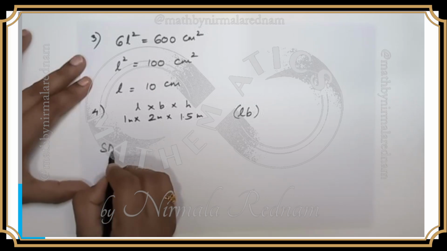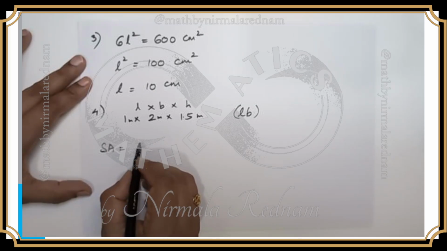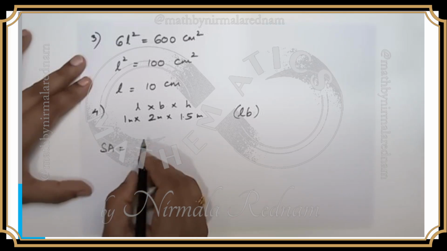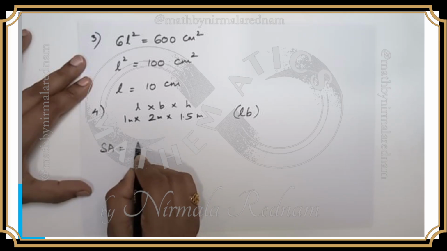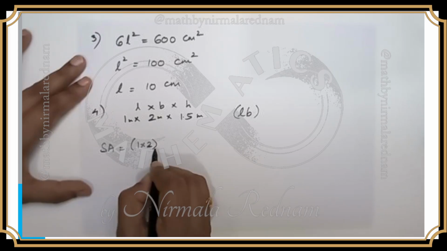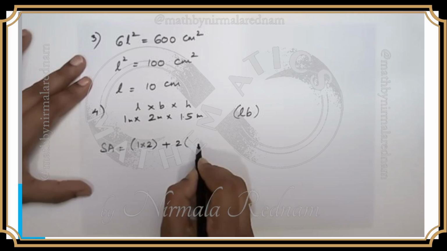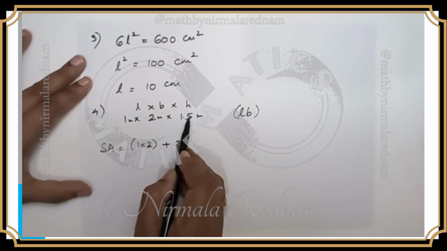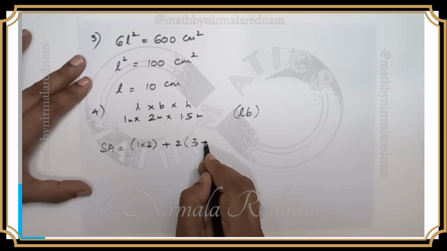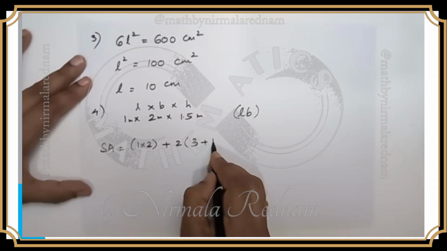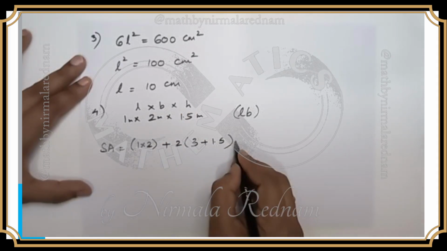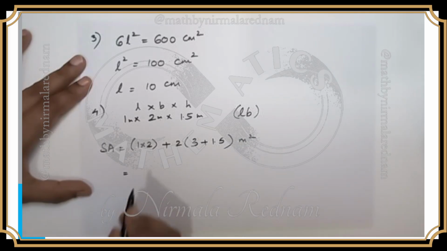So that I need to exclude. So my surface area is going to be the top. The top is also LB, so that I'll take as 1 into 2. And the rest is going to be 2 times 2 into 1.5, which is 3, and 1.5 into 1, which is 1.5 meter square, right?